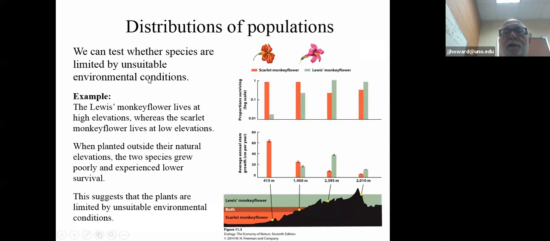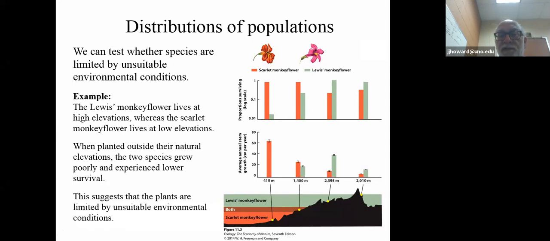But we can ask, well, is Lewis's monkey flower outcompeting the scarlet monkey flower at high elevations? So are these flowers limited by their fundamental niche, or are they limited by interactions with other species?